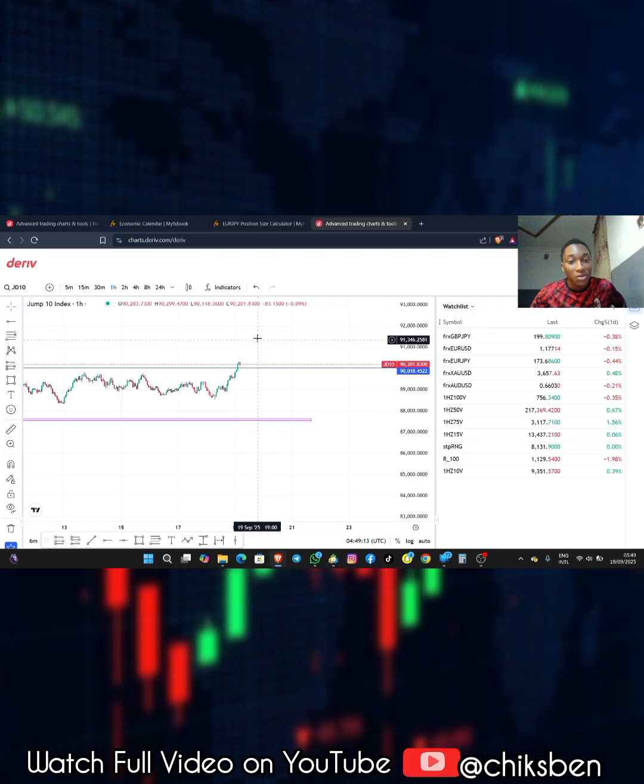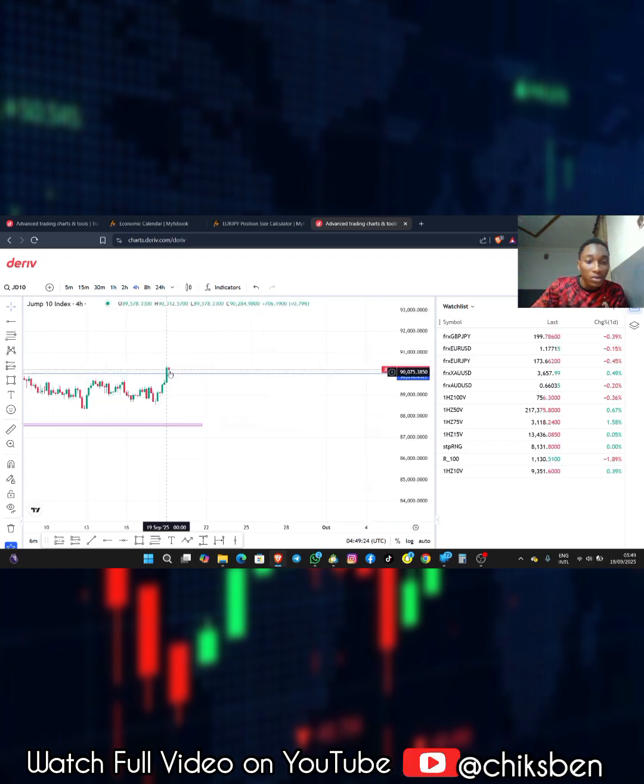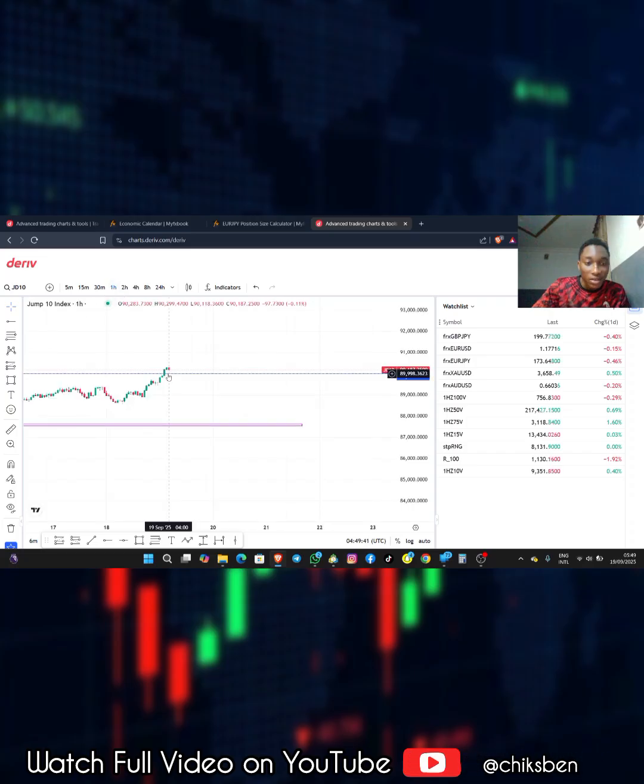I usually go to the 1 hour time frame to confirm the pullback, because you won't exactly see it on the 4 hour time frame. On the 4 hour, you might just see this red candle touching here, then maybe another green continuing the whole trend. So to confirm the pullback, I go to the 1 hour time frame, and you see it's already moving to touch this support.